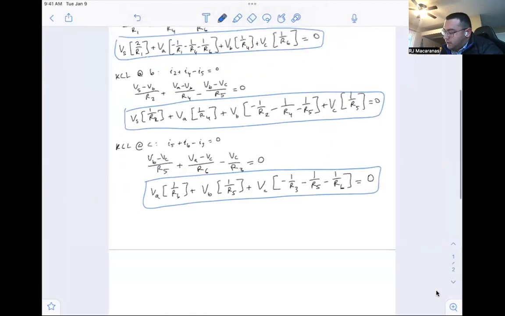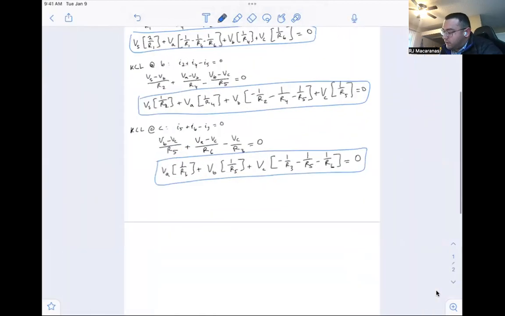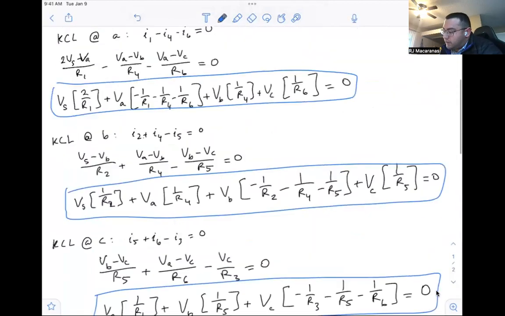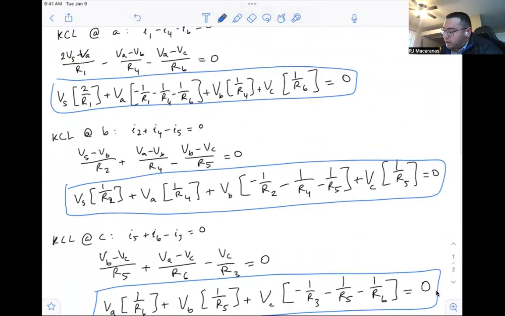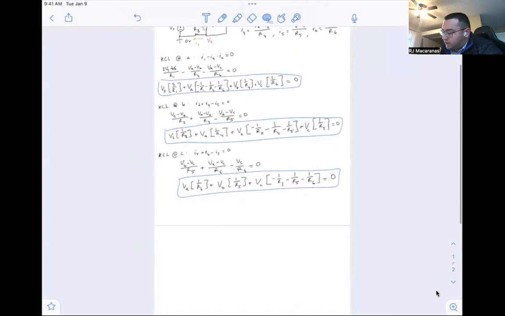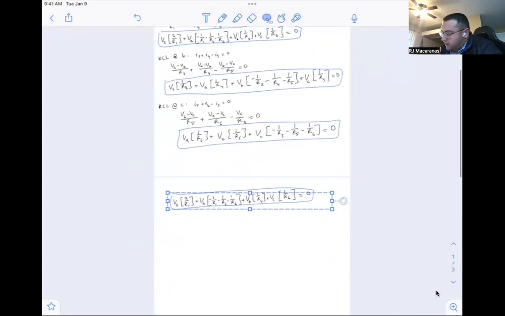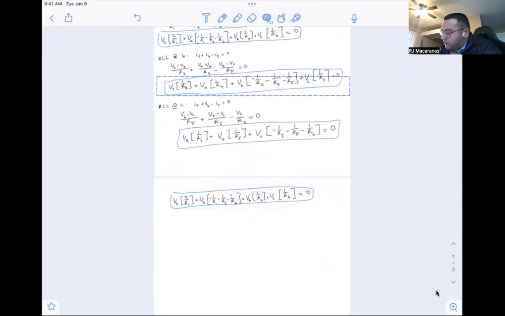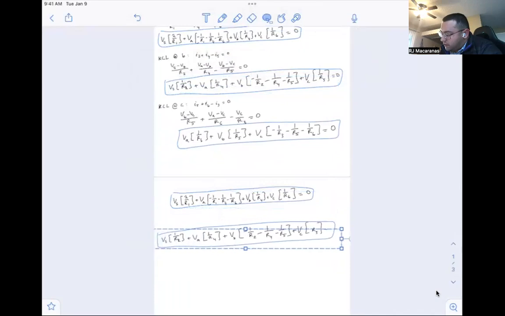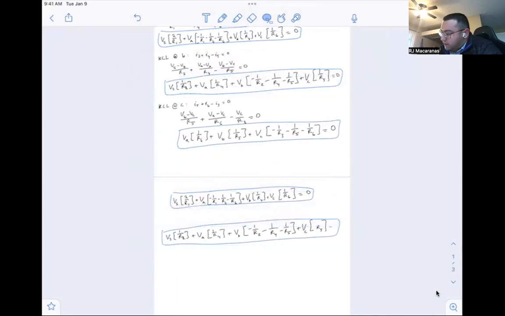And now we take our three equations, we convert them into matrix form. So let's just recombine everything here. Let's take our first equation, copy it down here, just so that we can have it for reference.